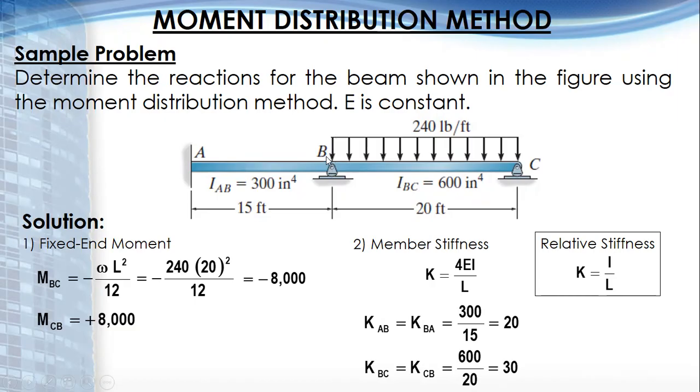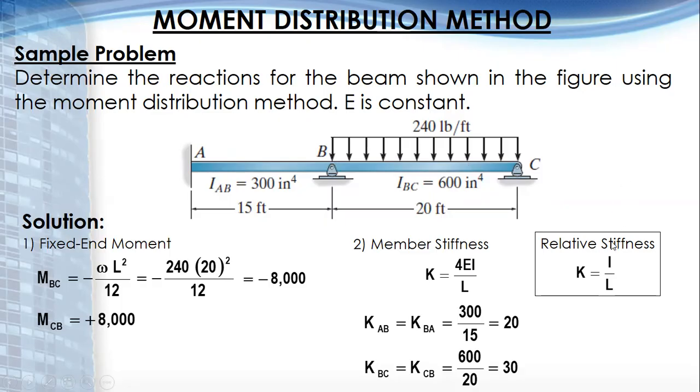In the case of BA, we cannot modify the stiffness since the far end is fixed. We can only use modified stiffness when the opposite end is a simple support, like in this one, C is a rocker. So we can apply modified stiffness to member BC.